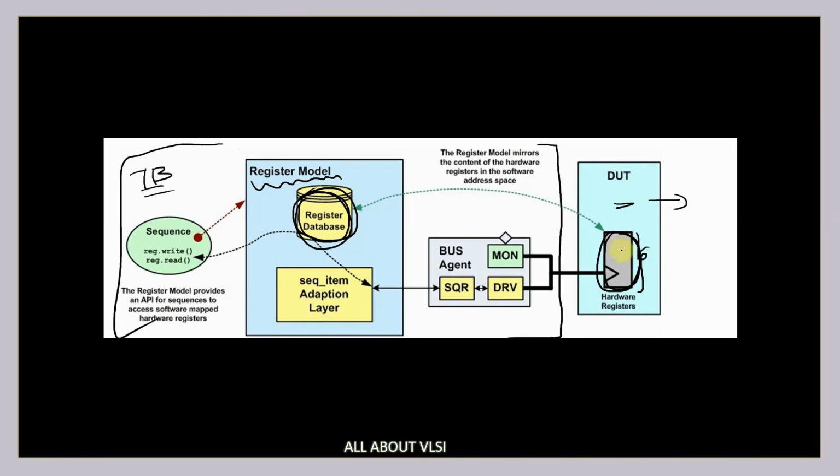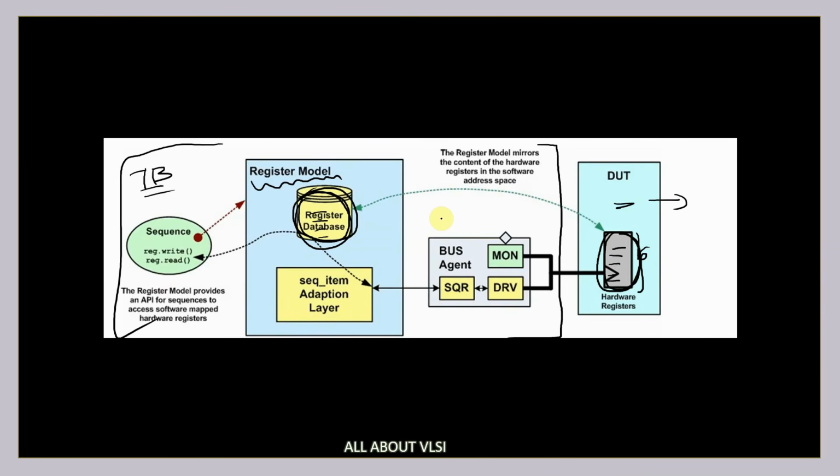So whatever changes we make inside this DUT, those changes will be reflected over here. This is how we track the changes inside my IP using my register model, how to update the registers present inside my IP, and what the sequence adaptation layer and the agent are. We are going to discuss everything further in our register abstraction level sessions.